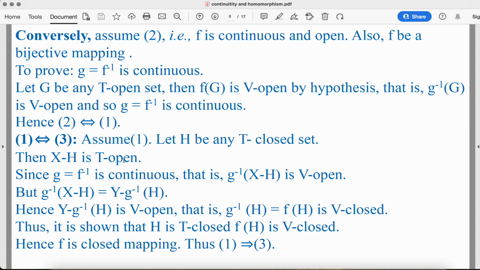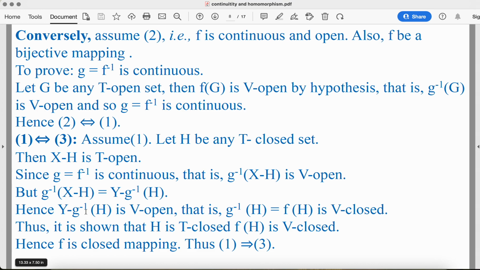It means X minus H is T open. Because g equal to f inverse is continuous, it means g inverse of X minus H is V open. But g inverse of X minus H is equal to Y minus g inverse H, that is its complement.